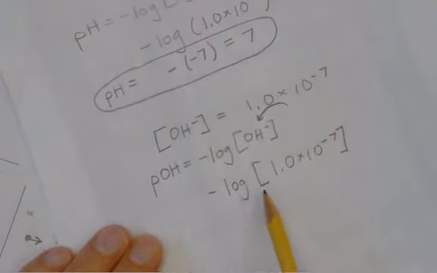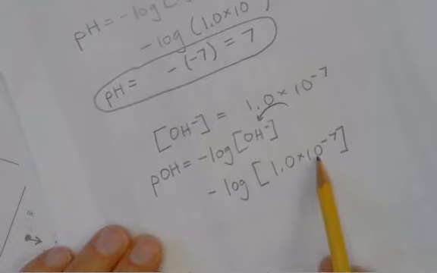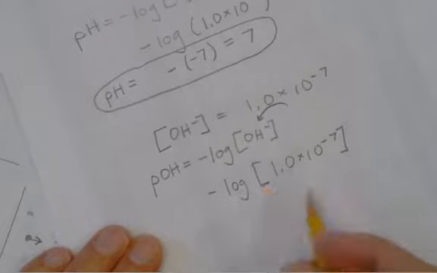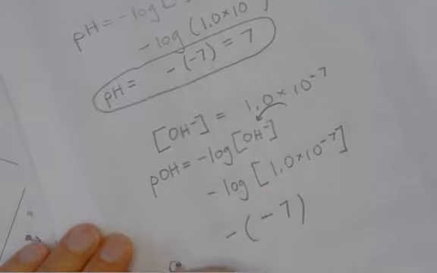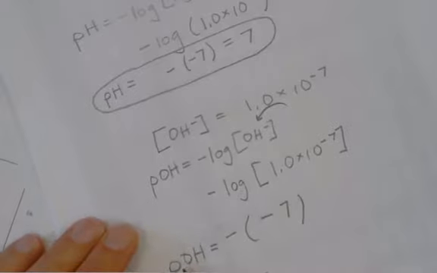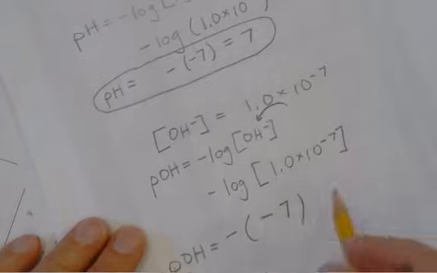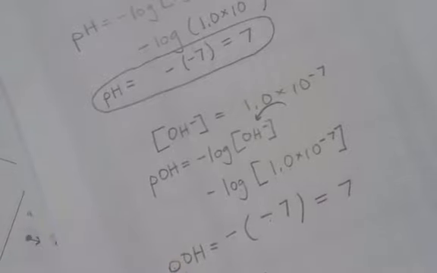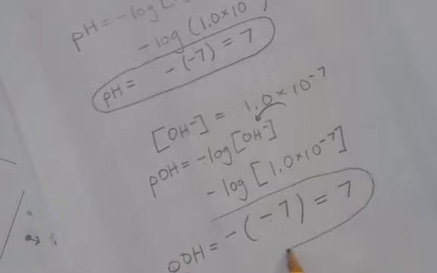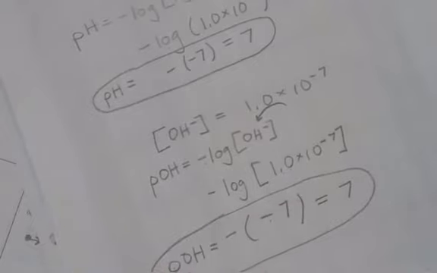Put log, open parentheses, 1 e minus 7, close parentheses. When you take the log of this number, you're going to get a big fat minus 7. And on purpose, whenever we p something, we take minus the log of it. So minus the minus log also gives us 7. So not only is the pH 7, the pOH is 7. You can get this in any of those cases that we talked about.